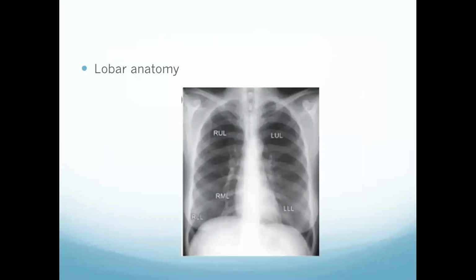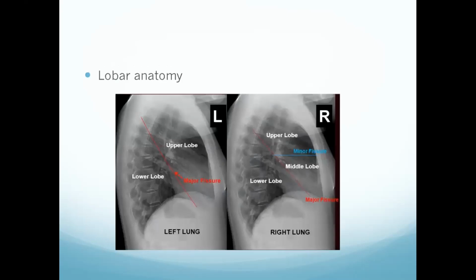This is just to show that, remember, the right lung is split into 3 lobes, and the left into 2 lobes. And it's important to remember that. I'll show you in the next slide that they all overlap quite a lot. So when you're looking at an AP or a PA film, it's very hard to tell exactly what lobe it's in.